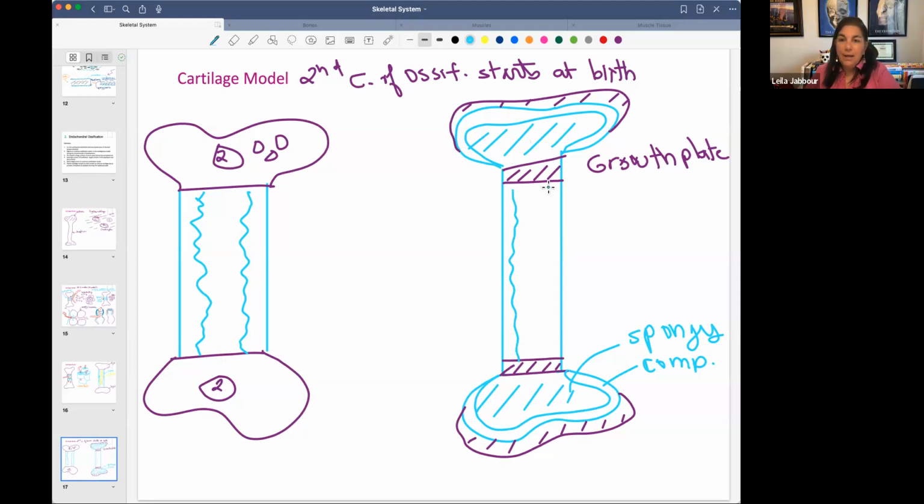This is compact on the outside and a very, very thin layer of spongy on the surface and then a complete open cavity in the middle. So the growth plate is basically what's left between the epiphysis and diaphysis, and it's also called the epiphyseal plate.